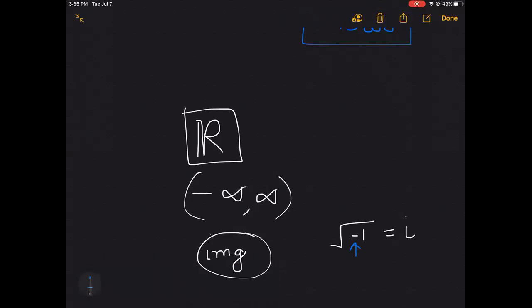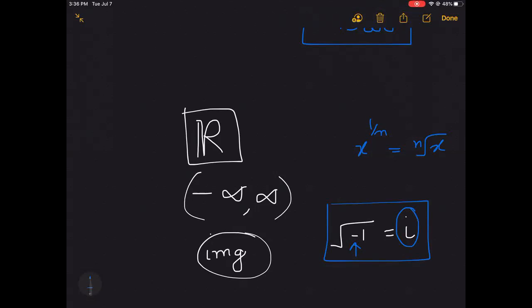Okay, if you have any root like this, or in this format, if n is even, we don't allow negativity inside it, but that's true for real numbers only. For complex numbers, we do allow negativity. Okay, and for that you need to have an imaginary unit, which is this. So we actually define the square root of negative one as i. Okay, that's your imaginary unit. All right.